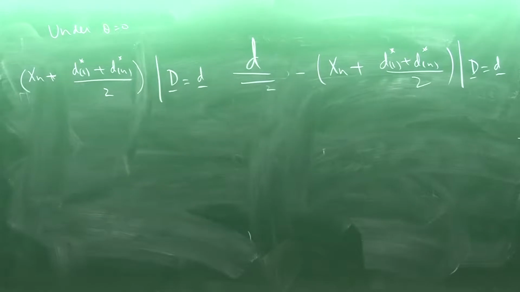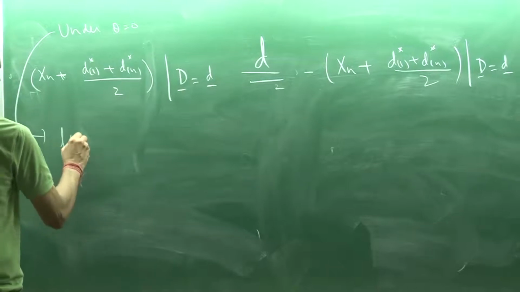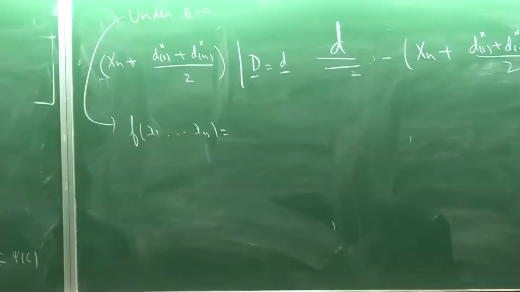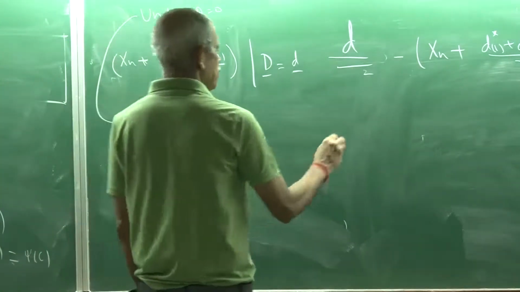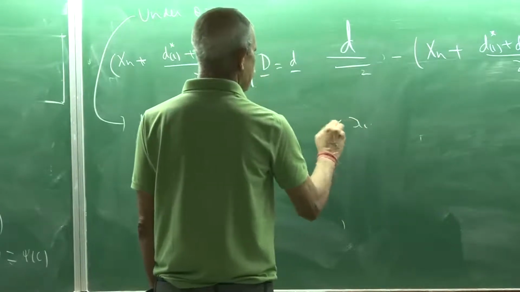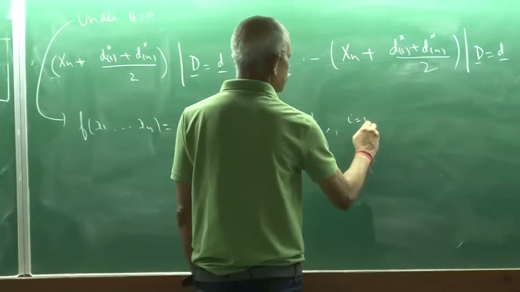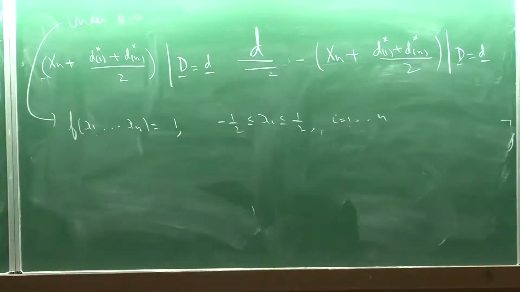Now, which should not be very difficult, because I know under theta equal to 0, the joint PDF of x1, x2, xn is nothing but, how much? It was 1 if each xi lies between minus half to half. So, I first try to find out the joint PDF of xn and d1, d2, dn minus 1.